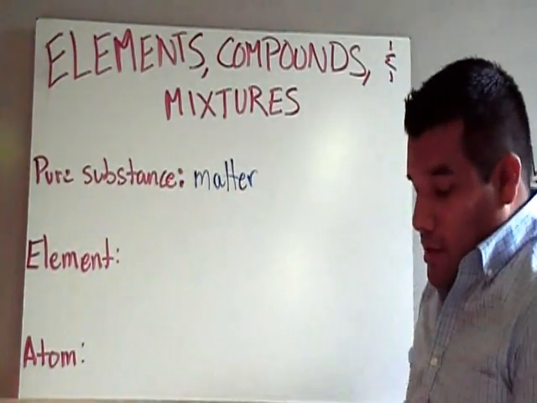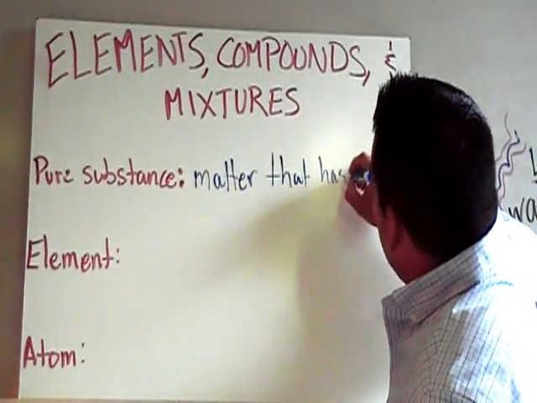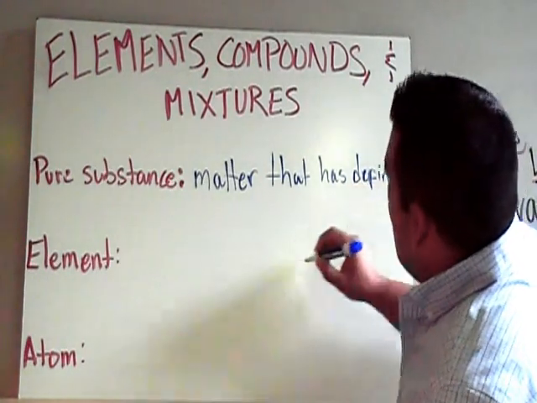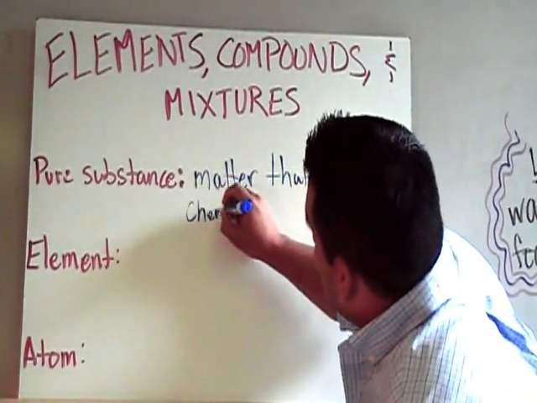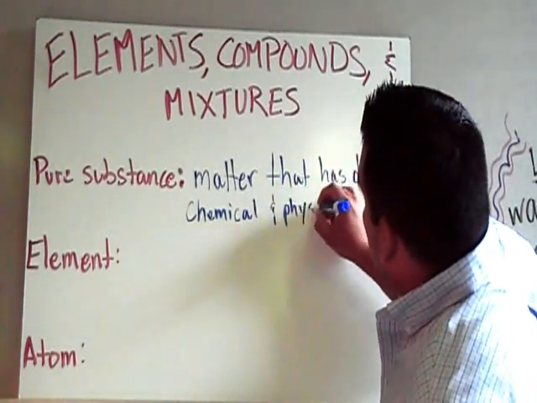A pure substance is any sample of matter that has definite chemical and physical properties.